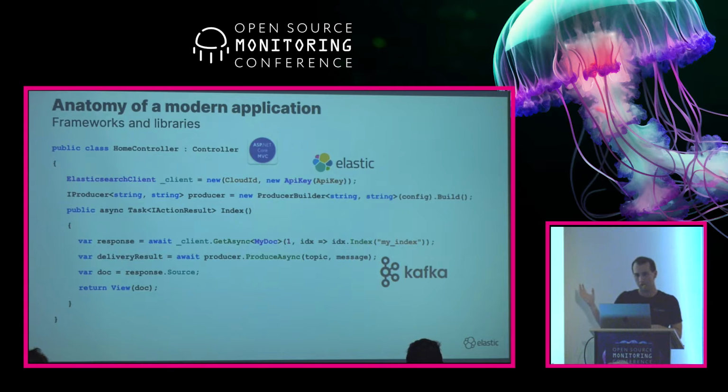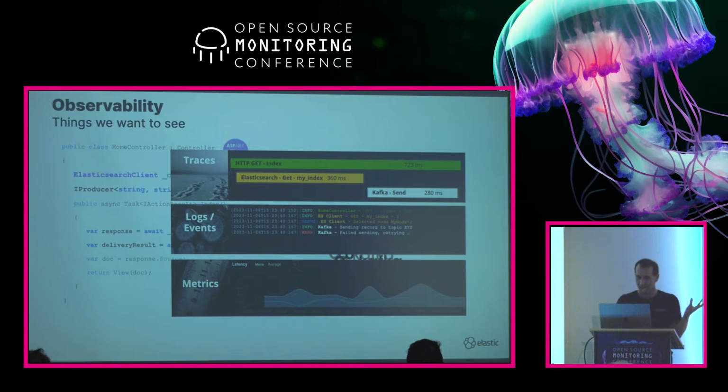And if you want to observe this system, what we expect as an output is something like this. We want to see traces, logs, and metrics. For traces, we want to know there is one span representing the whole incoming request. We want to see another span representing the call to Elasticsearch, with its duration, and then another one for Kafka.